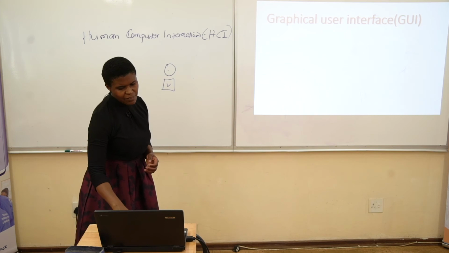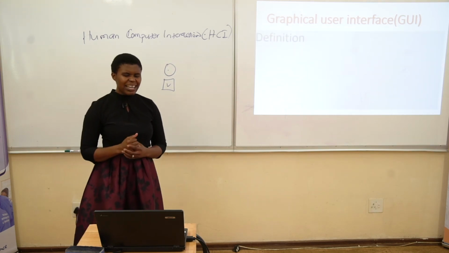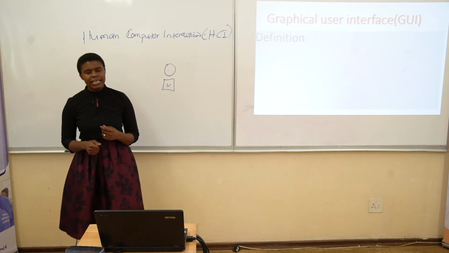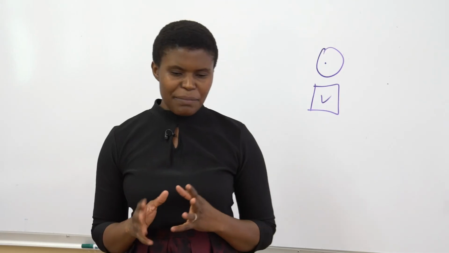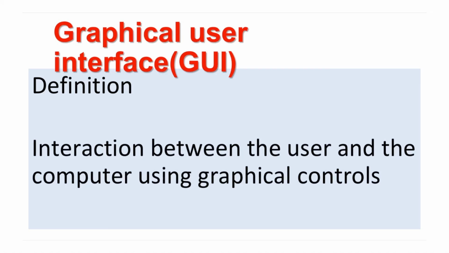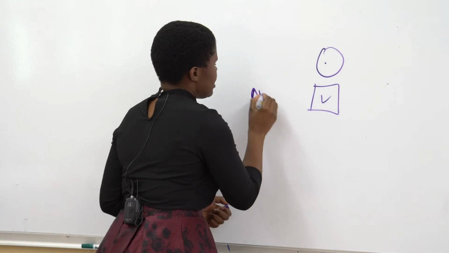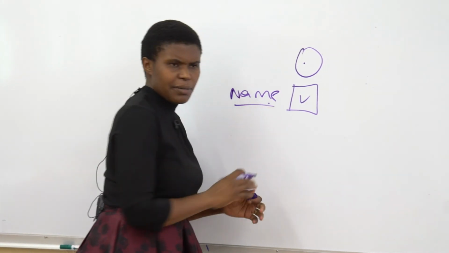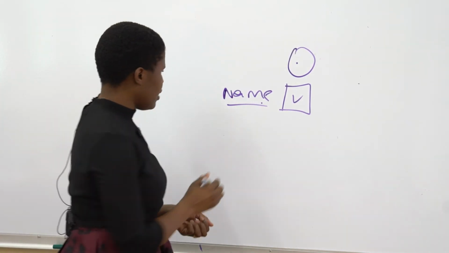Now we have a specific user interface, we used to call it the graphical user interface, GUI. Graphically, it uses graphics, pictures, animation, and so on. Why do we bring that? It says that interaction between the user and the computer is using graphical controls. Remember, if we just say, this is your name, we know this is simple text.